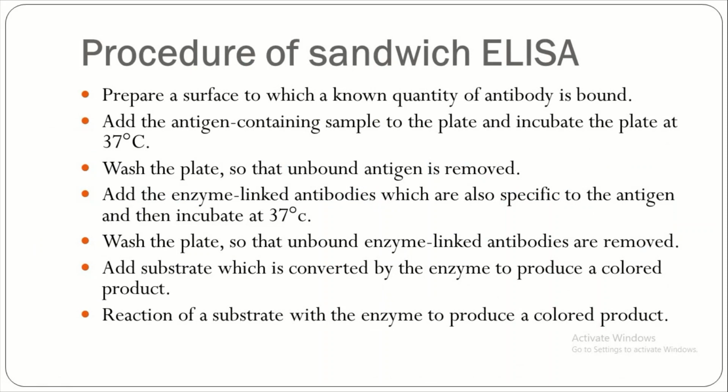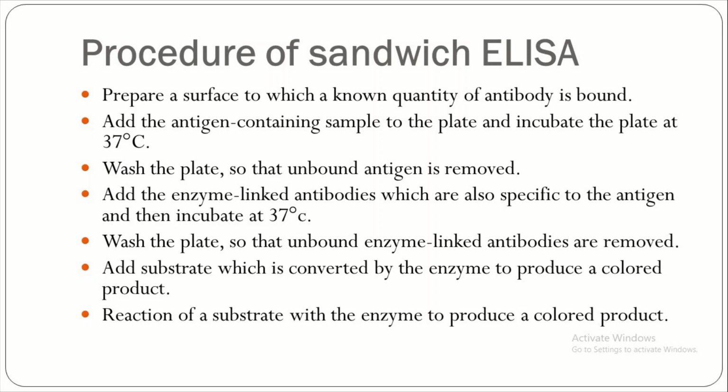So what is the procedure of sandwich ELISA? First you prepare a surface to which a known quantity of antibody is bound. Then add a sample containing the antigen, which may be plasma, serum, or a cell lysate, to the plate, and incubate the plate at 37 degrees Celsius. Wash the plate so that the unbound antigen is washed away. Then the enzyme-linked antibodies, which are also specific to the antigen, are added at the second stage.